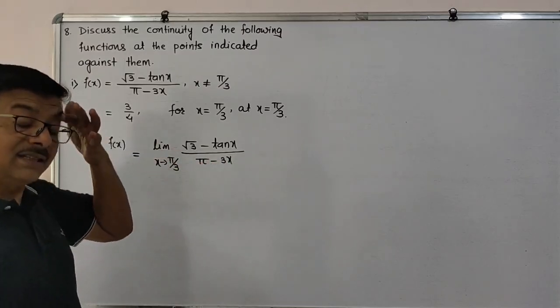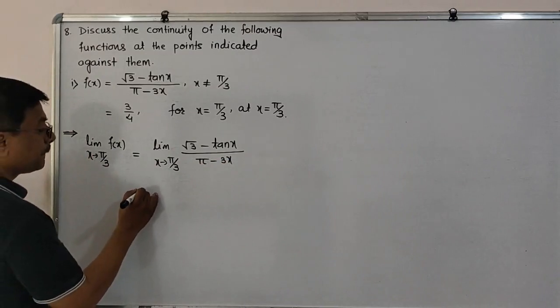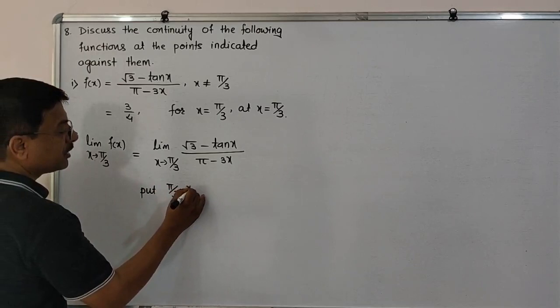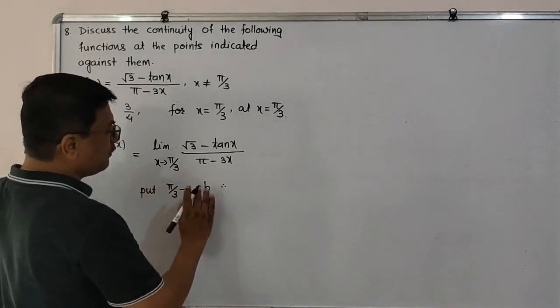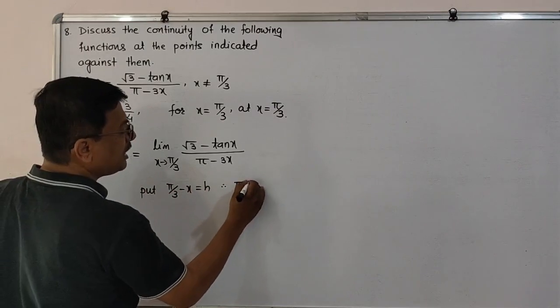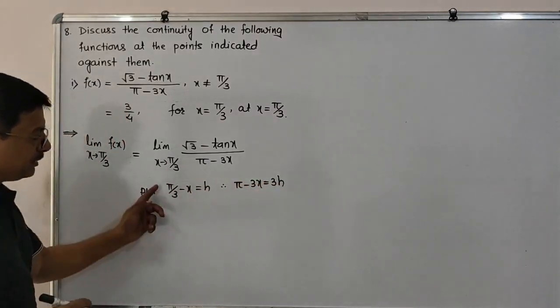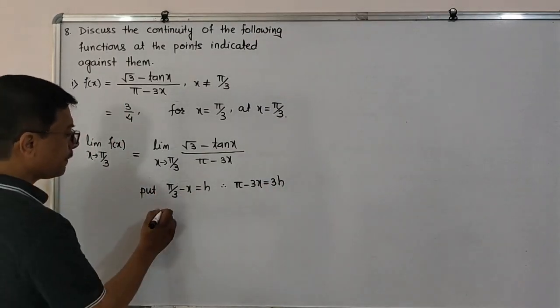Put pi by 3 minus x is equal to h. If you multiply it by 3, we have pi minus 3x is equal to 3h.